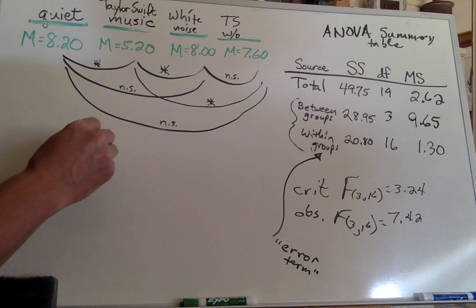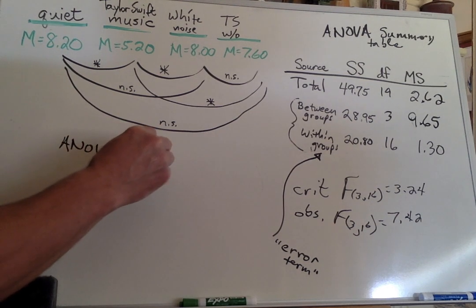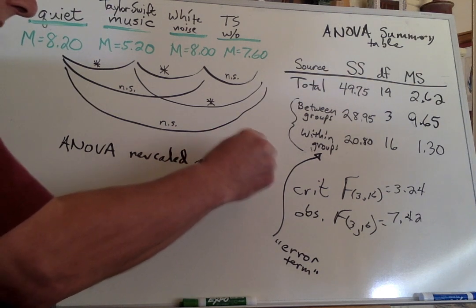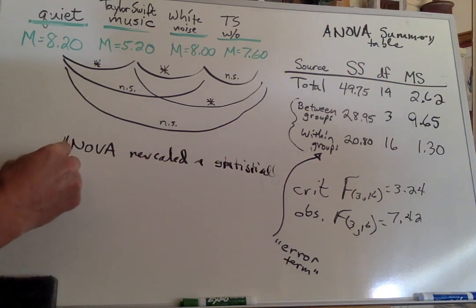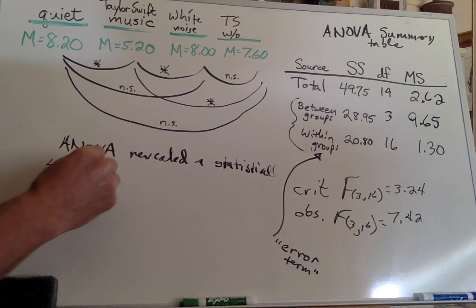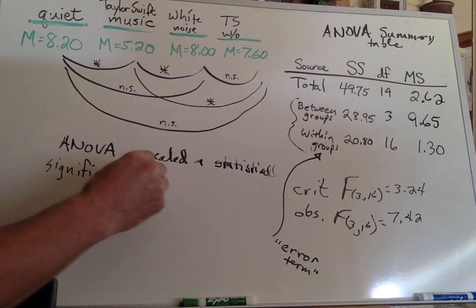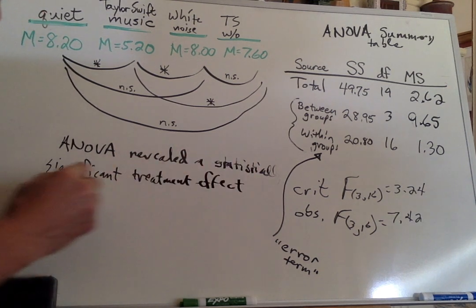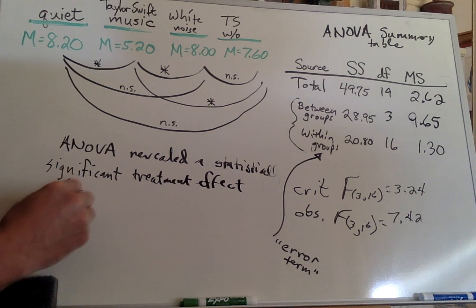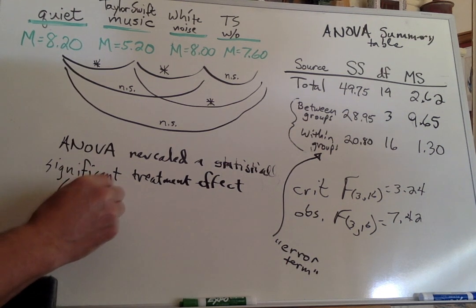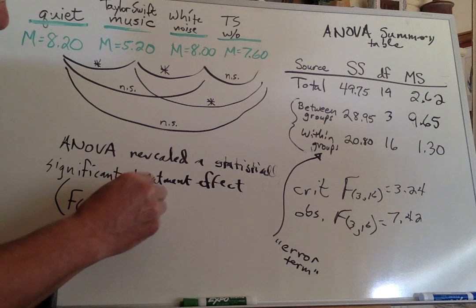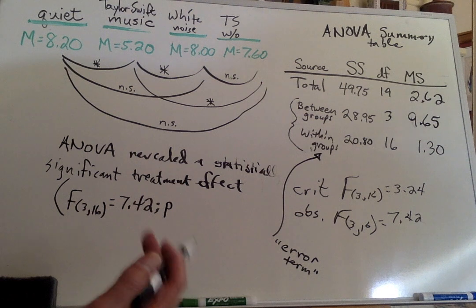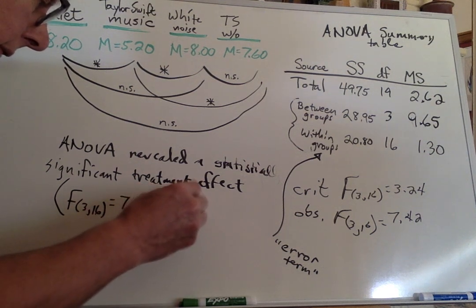Analysis of variance revealed a statistically significant treatment effect, and I will put my F(3, 16) = 7.42. This is my observed F. I think it was 7.42, right? p < 0.05.